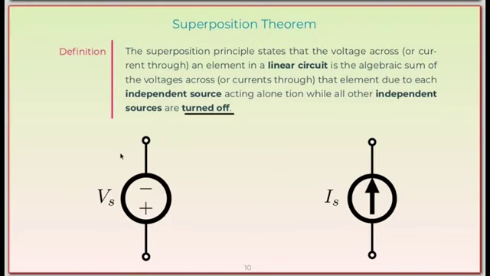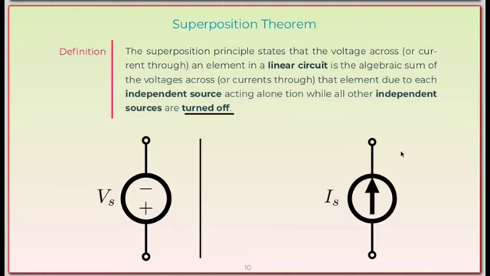For example, if you remove this voltage source, which is an ideal voltage source, it's going to leave behind its internal resistance between these two points. And the internal resistance of a voltage source is basically 0. So this will be short circuited. This is what we mean by turning off. When we are turning off an independent voltage source, it's going to be short circuited.